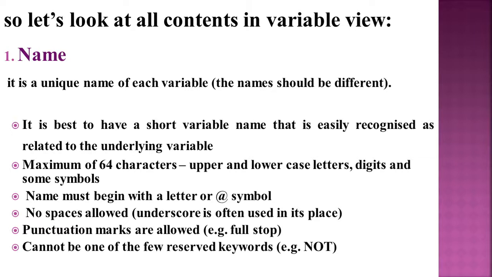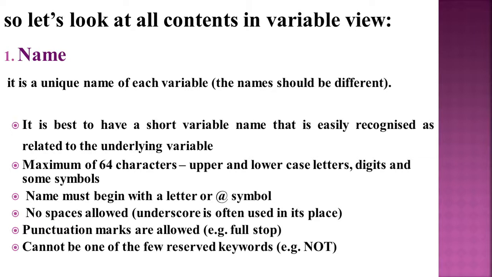The first one is name. It is a unique name of each variable. The names should be different. It is best to have a short variable name that is easily recognized as related to the underlying variable. Maximum of 64 characters, upper and lower case letters, digits, and some symbols.